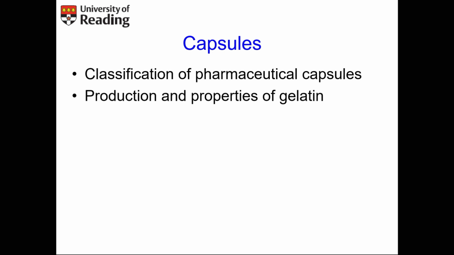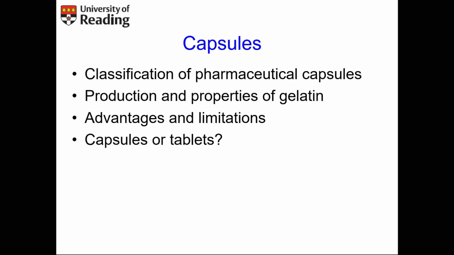There are main materials that are used to produce gelatin, and there are 2 ways of producing gelatin depending on the source of raw materials. You need to know advantages and disadvantages and limitations of gelatin. Also, you should have an understanding why some companies manufacture capsules and others manufacture tablets.